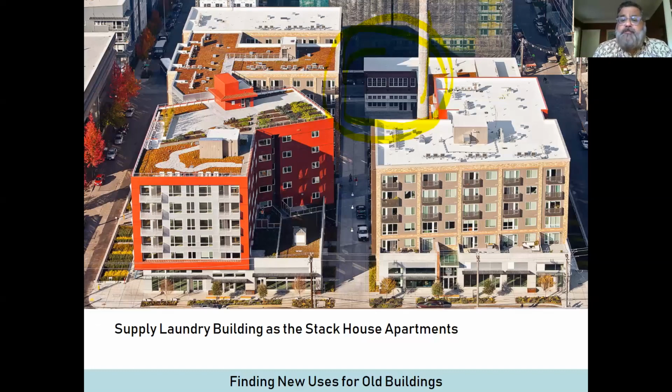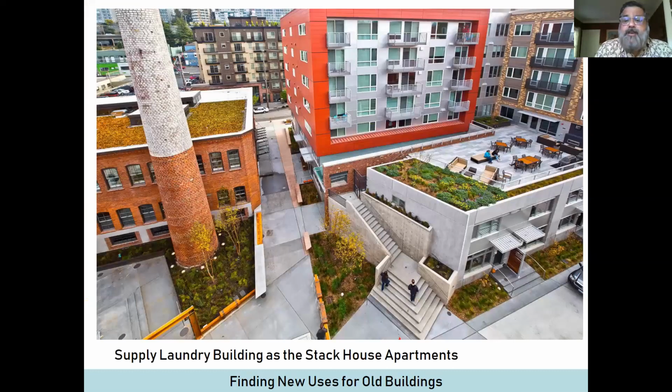So the Supply building was part of the Stack House development, and it provided the common spaces for all these buildings. So in some sense, it was an anchor. It served as an anchor for the entire new development and held it together. You can see that its smokestack and its immediate setting became an open space for the entire development.